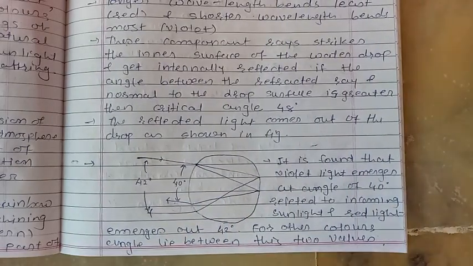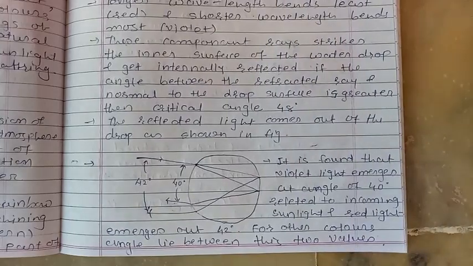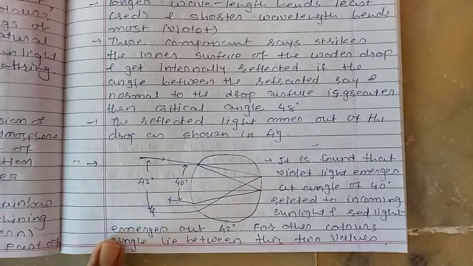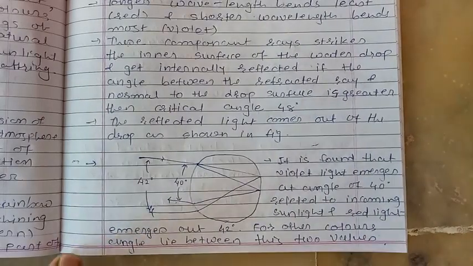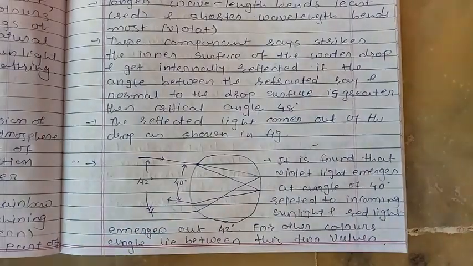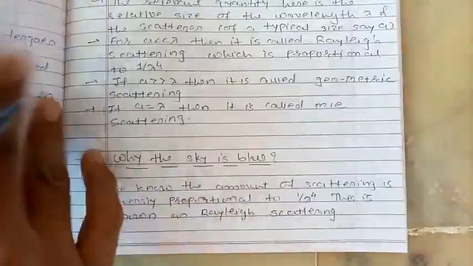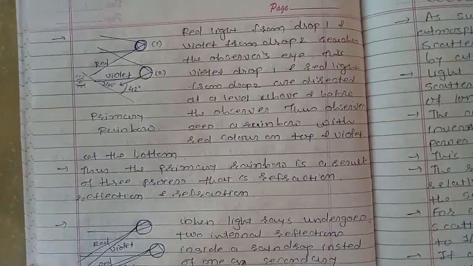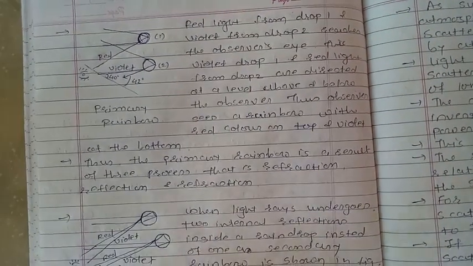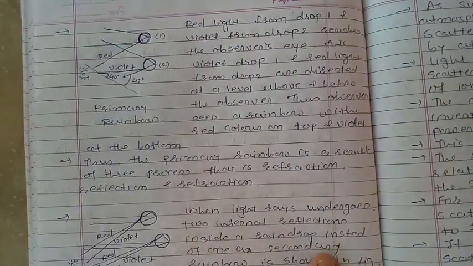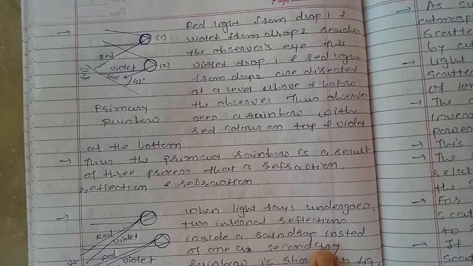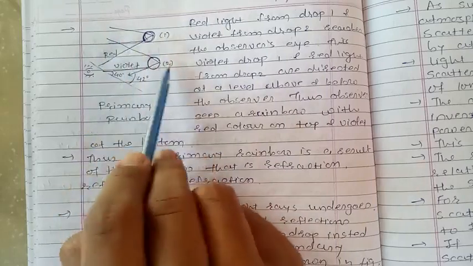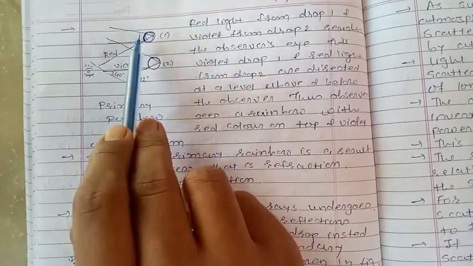Okay. Now we discuss the primary and secondary rainbow. In this case, see this figure. Now we already know the process of formation of a rainbow: there are 7 colors.